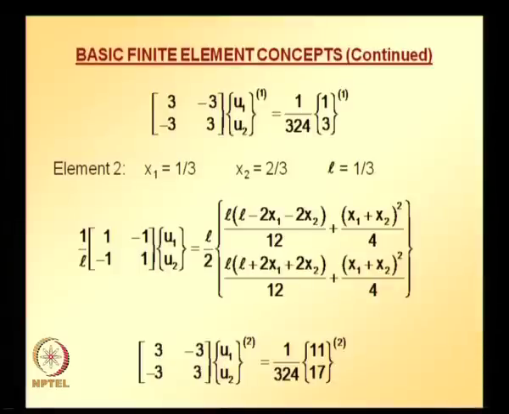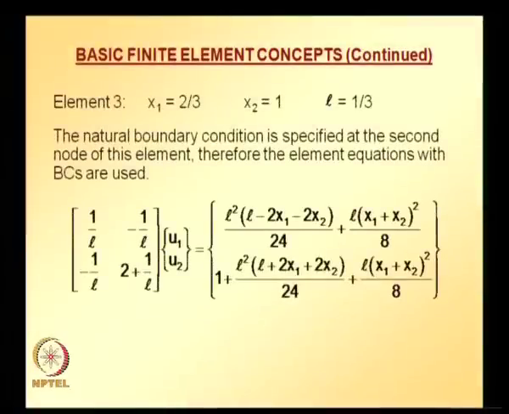And now element 3, the local node 1 coordinate is 2 over 3, the local node 2 coordinate is 1. Here for element 3, x is equal to 1 is part of this element. So, we need to use the element equation system that we developed with boundary conditions.